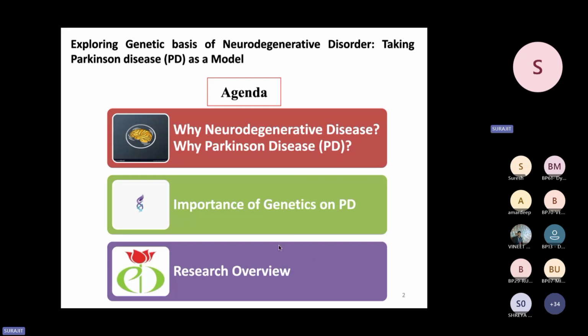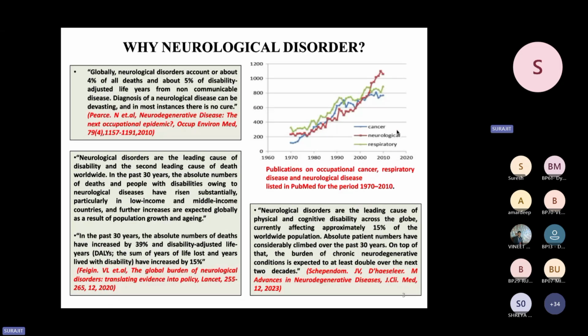From this graph, we can clearly see that there are three types of most deleterious disease: cancer, neurological disorder, and respiratory disorder. In this graph, we see that from 2010, the graph of neurological disorder is increasing.